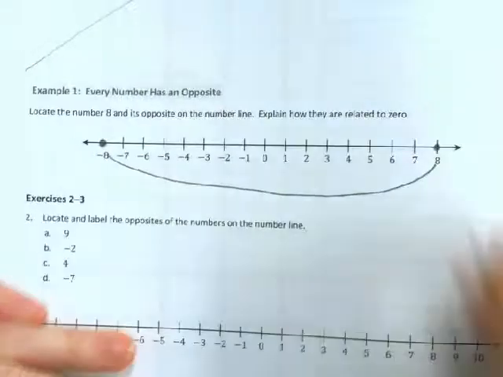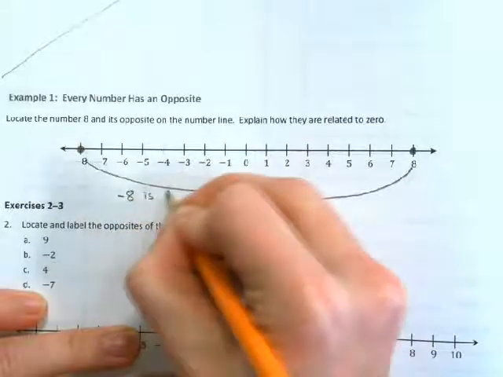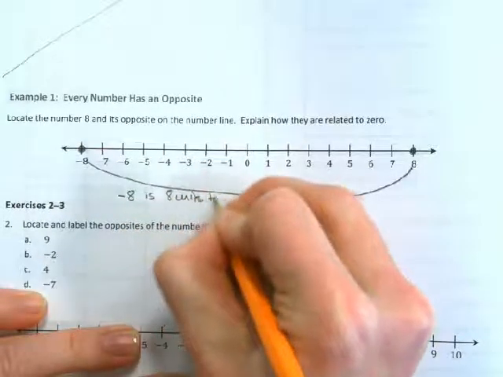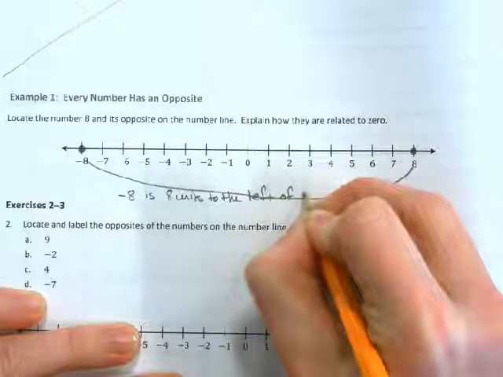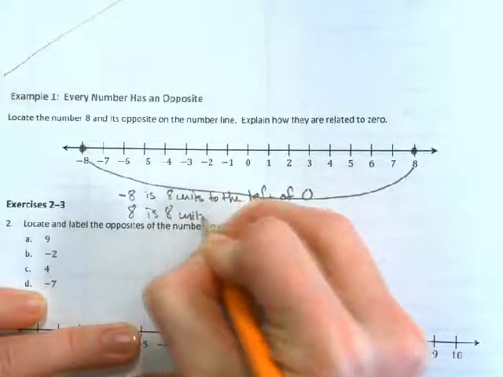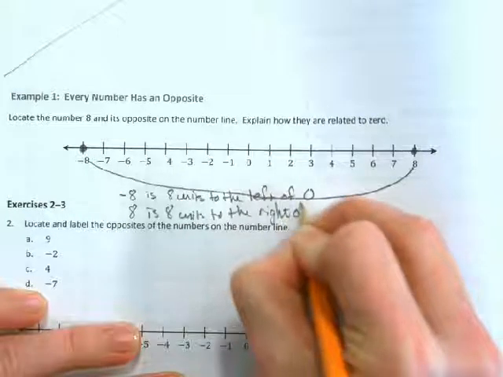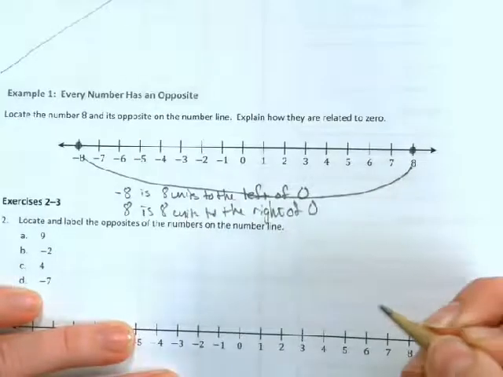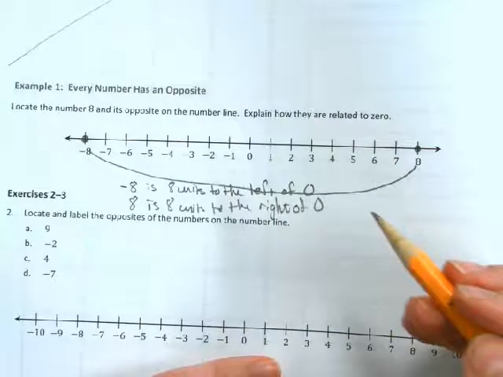They're opposites of each other because negative 8 is 8 units to the left of 0. 8 is 8 units to the right of 0. Therefore, they are opposites because they are the same distance from 0 on opposite sides.